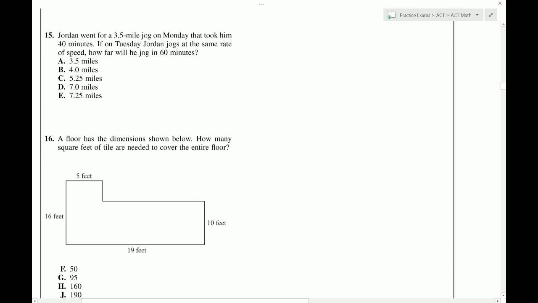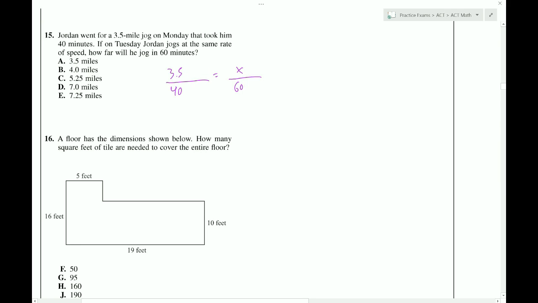Jordan went for a 3.5 mile jog on Monday that took him 40 minutes. So 3.5 miles in 40 minutes. If on Tuesday Jordan jogs at the same rate of speed, how far will he jog? So this is going to be a direct proportion. How far in 60 minutes? All right, so now that we set it up with the proper units, we can just erase the units.